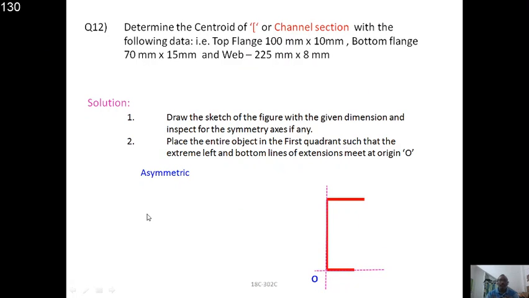Now we are moving to another variation of the channel section. Now I would like to make it asymmetric, so that it is also clear how to calculate the centroid for asymmetric channel sections.